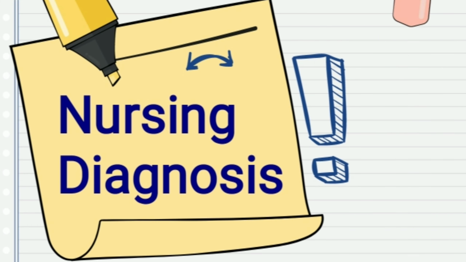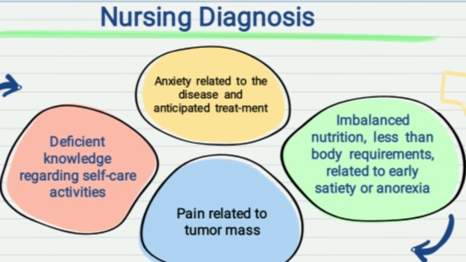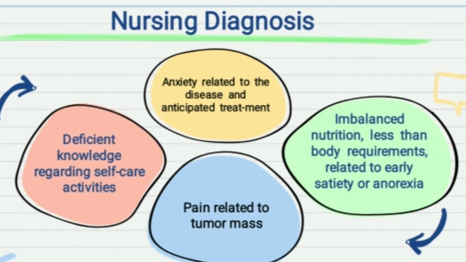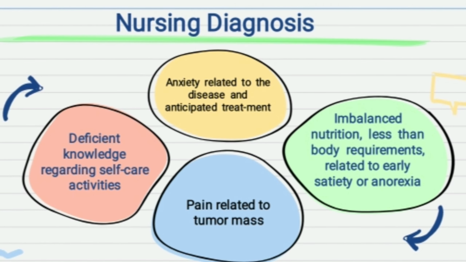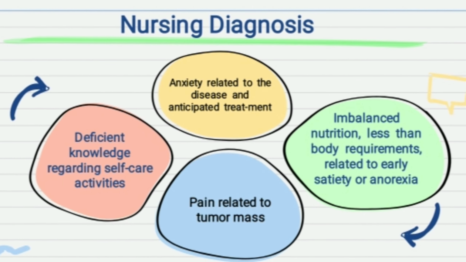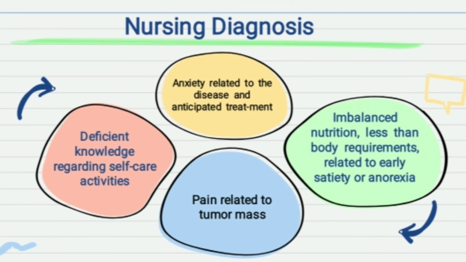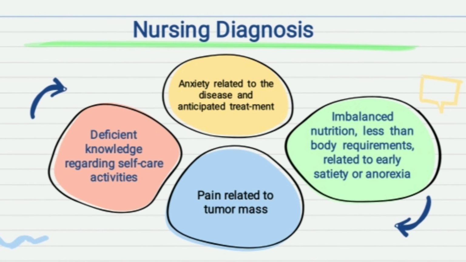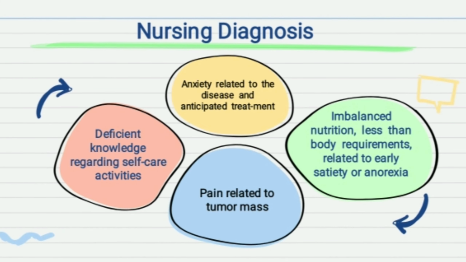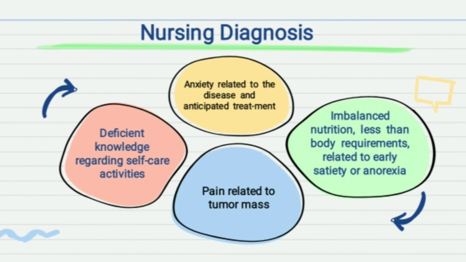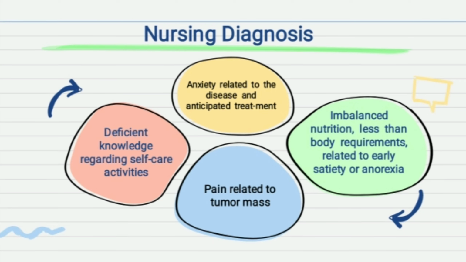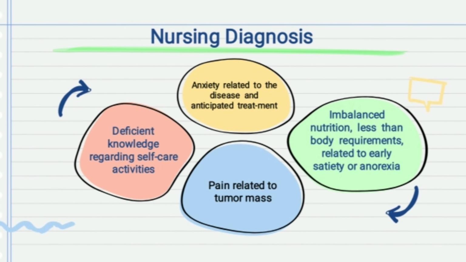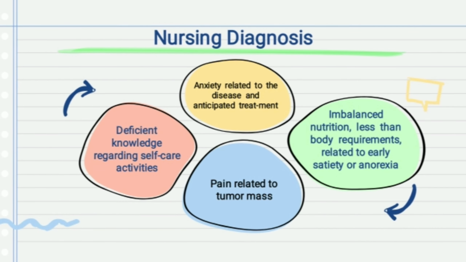What are the nursing diagnoses for gastric cancer? Based on the assessment data, the patient's major nursing diagnosis may include the following: anxiety related to the disease and anticipated treatment, imbalanced nutrition, less than body requirements related to early satiety or anorexia, pain related to tumor mass, and deficient knowledge regarding self-care activities.